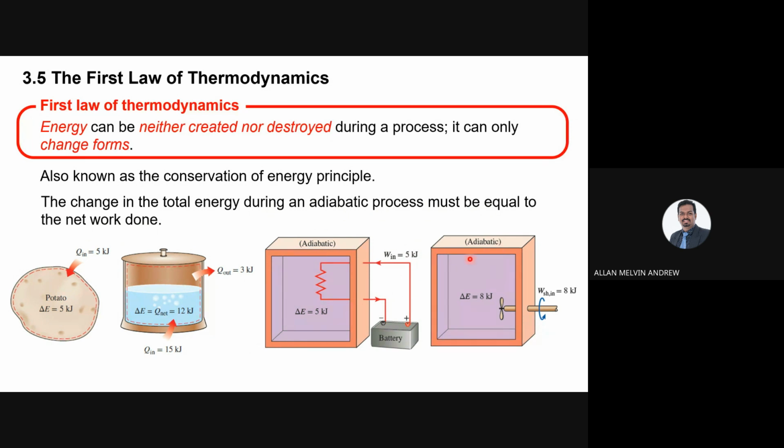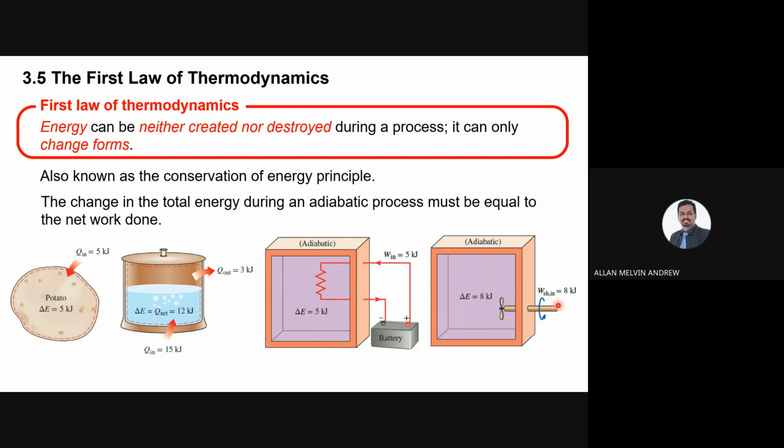Then you have this, the work done by the shaft. If you don't know whether the shaft work is in or out, you look at the term at the back, in or out.